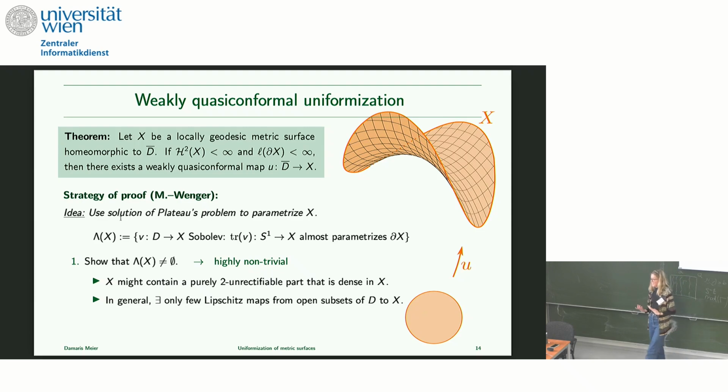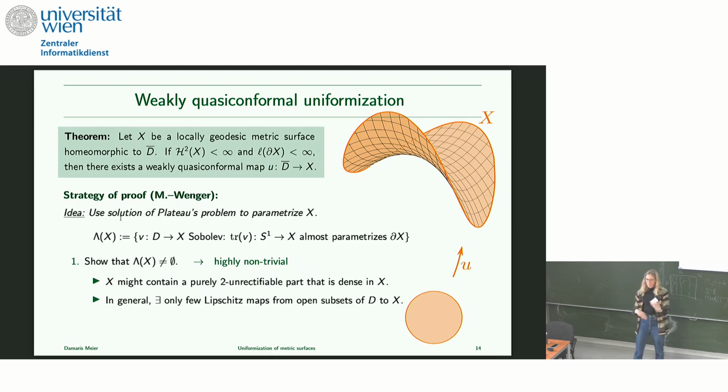And I'm just saying this is highly non-trivial because X might be very ugly. That's what I'm trying to describe in these words. Don't worry if you don't understand it. So it might contain a very, very ugly set, and therefore there exist only very few Lipschitz maps from open subsets of R2 to our space.